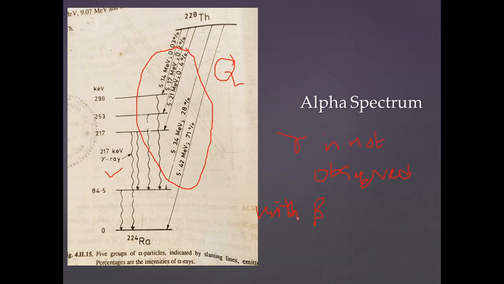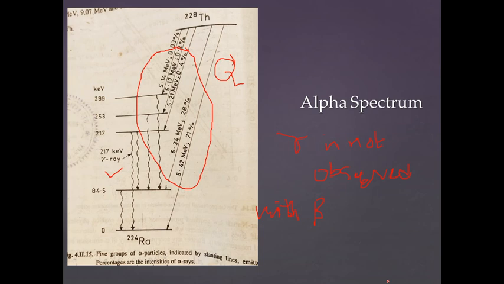So this is how the beta emission becomes very different from alpha emission. Let me summarize how they are different. One is there is no potential barrier for beta particles. There is a potential barrier for alpha particles. So there's only a question of tunneling probability in the case of alpha emission. There's no tunneling probability for beta. The moment the beta particles are produced, they are able to come out of the nucleus.